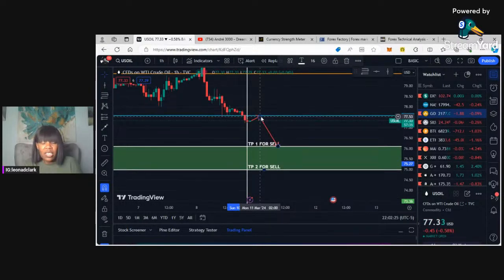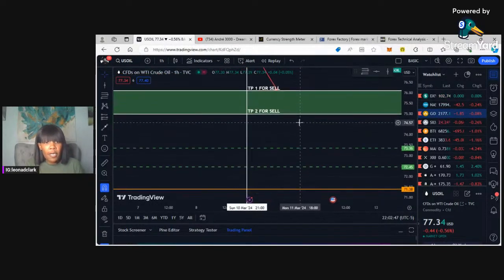This is for people who trade that. If you have your own strategy, roll with what your strategy tells you to do to enter a trade for a sell. Then we would look for that bearish candlestick pattern to confirm. And if the risk to reward ratio is awesome with this take profit one, keep it. If it's not, take the take profit two.